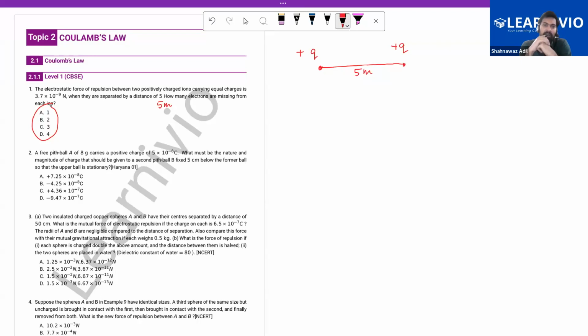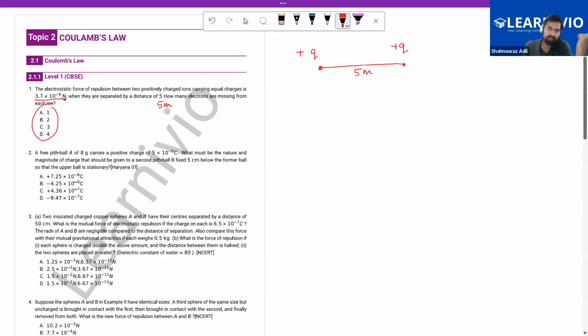Now, how many electrons are missing from each ion? So what is the thing that we have to calculate? What are the things which are given? Magnitude of the charge and distance is given. So this is Newton, right?